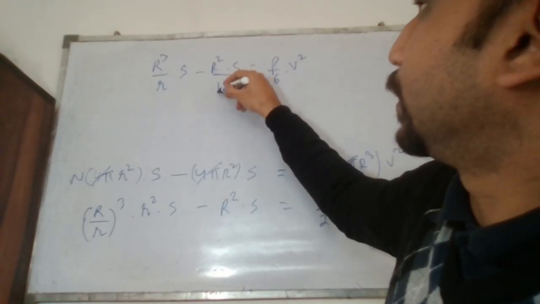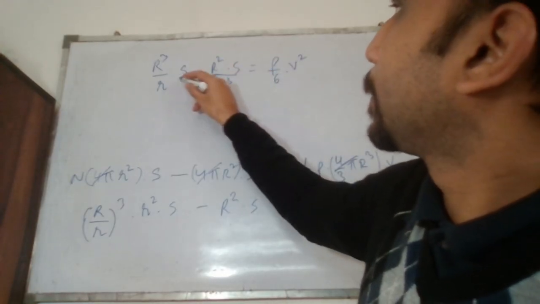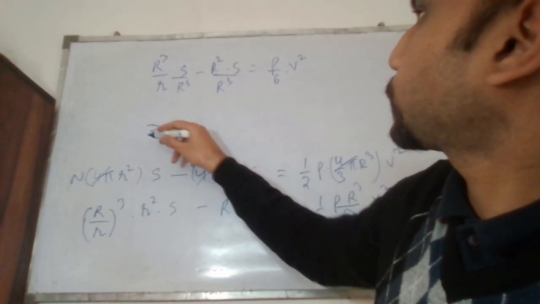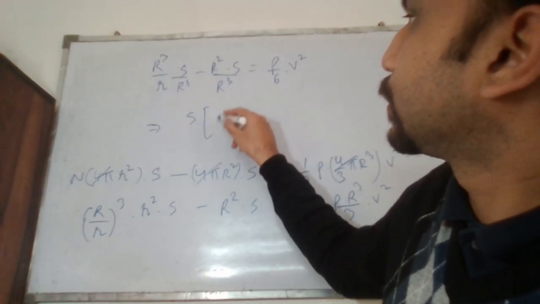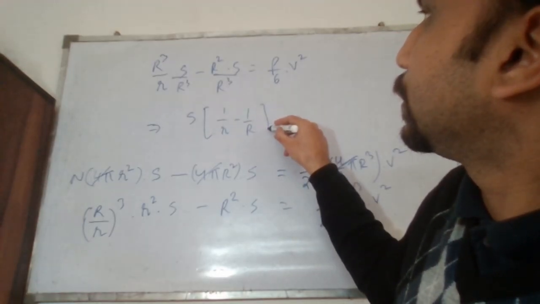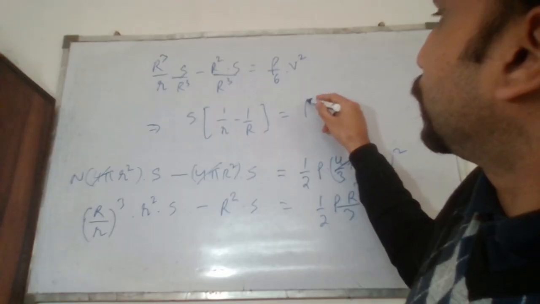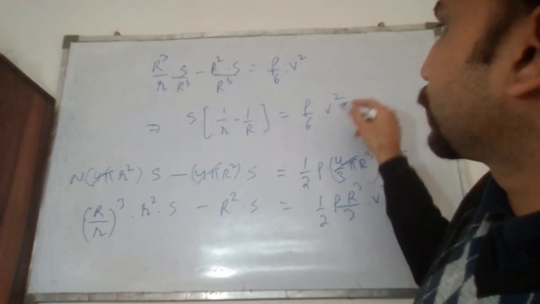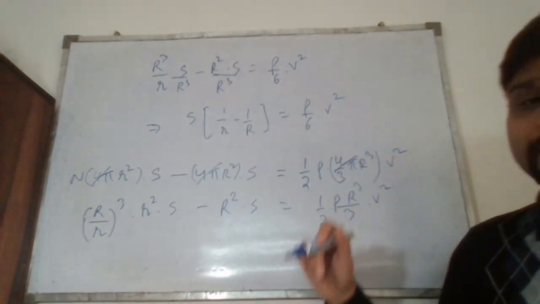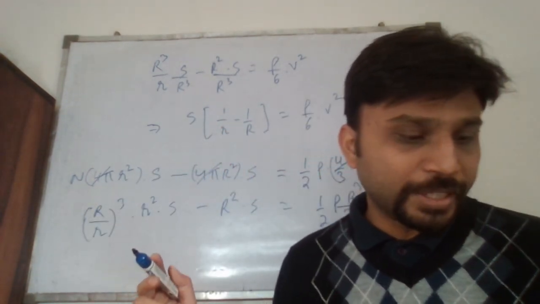We'll divide this by R cube. So this would be S into 1 upon r minus 1 by capital R is equal to rho by 6 into v square. This comes out to a pretty good result in terms of how it looks. This was also a question of JEE Mains.